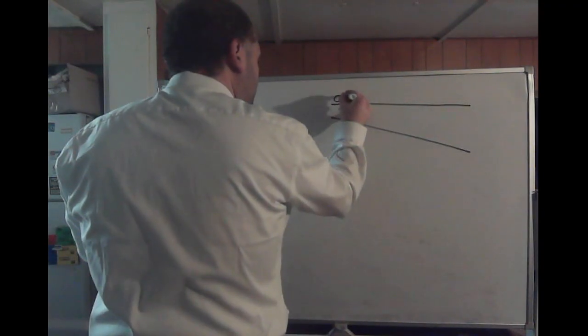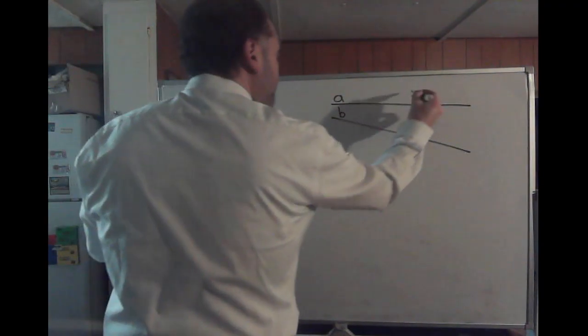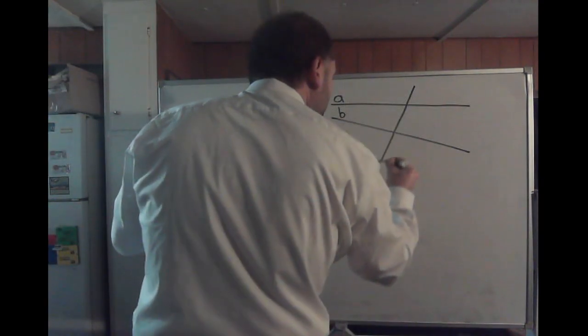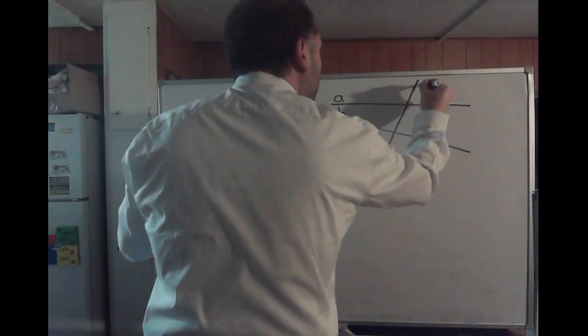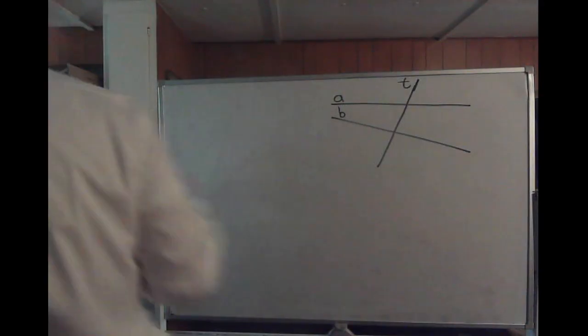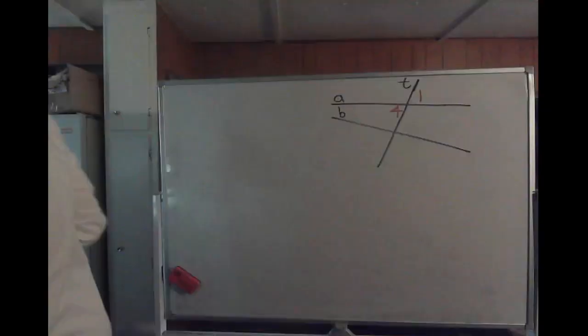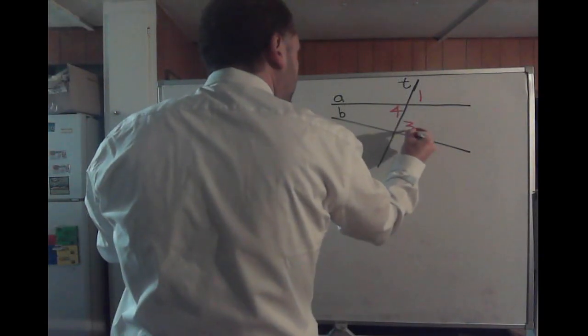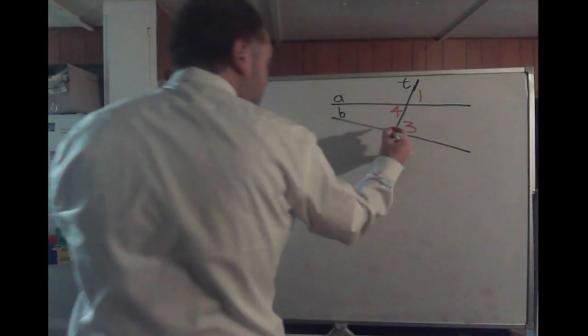Here's line A, here's line B. Here's transversal T. Let me write in red here so you can see it. Angle 1, angle 4, angle 3, and then angle 2.